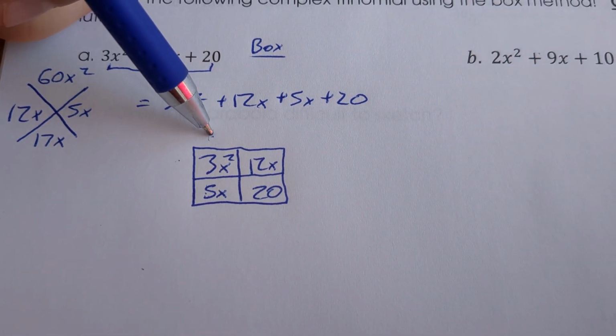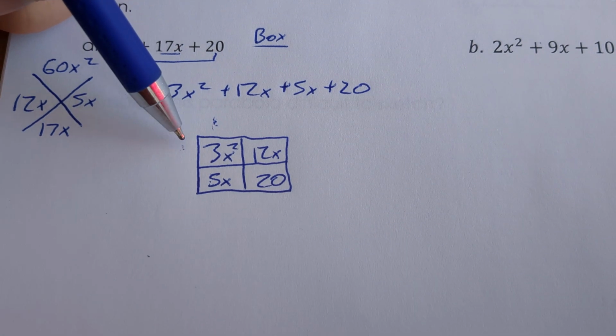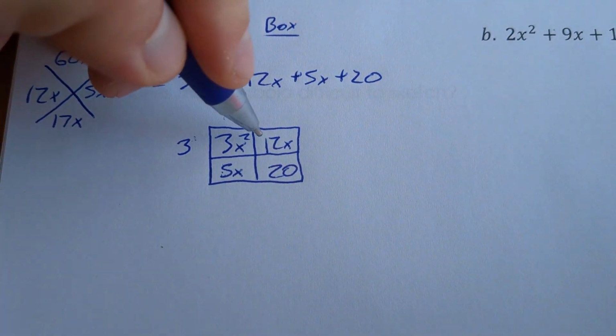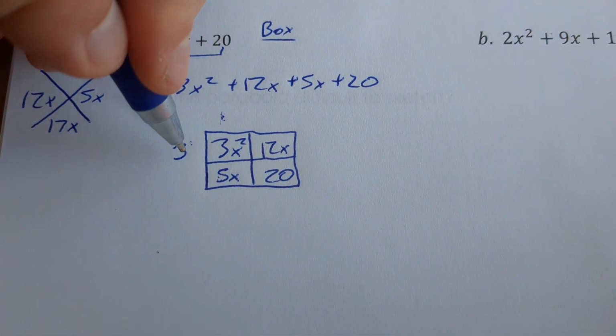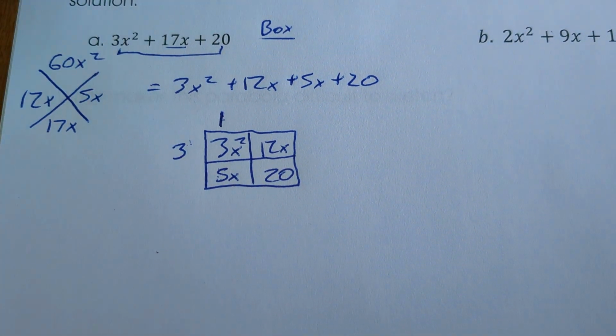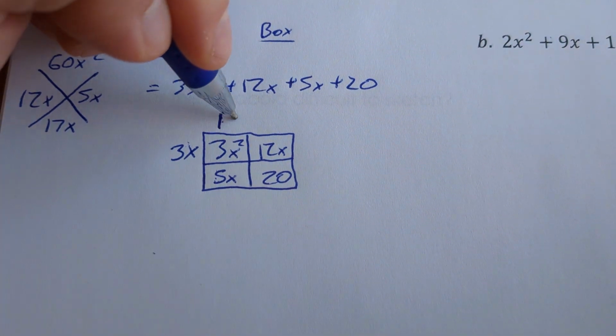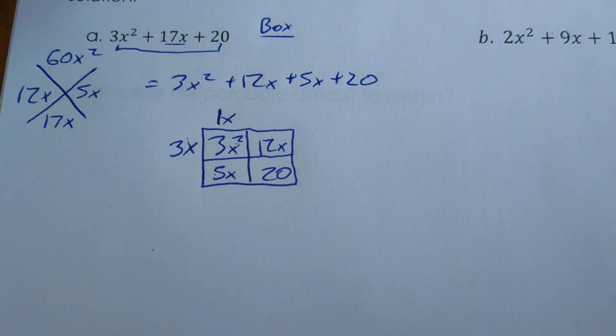If it's 3 and 1, 3 doesn't go into 5, so it can't go up here. The 3 must go here because 3 does go into 12. So 3 times 1 is 3, and then x times x gives you the x squared.